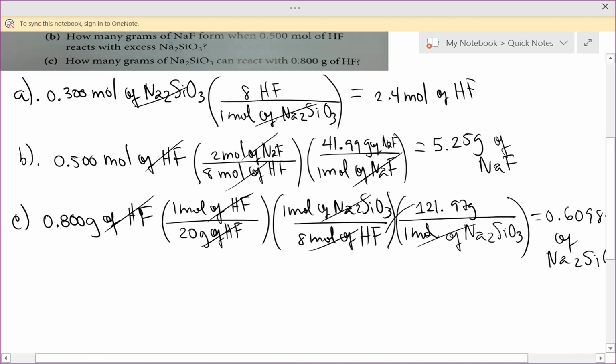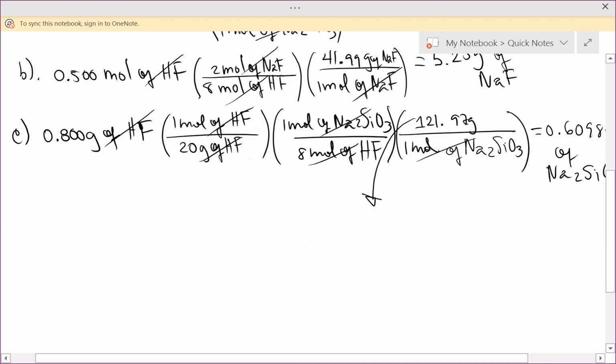Remember that this value here is the molecular weight of this compound. In this case we have 2 atoms of sodium, so 2 times 22.94, this is equal to 45.88 grams.